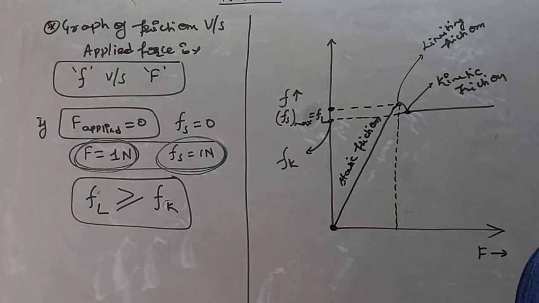Moving forward, write down the next topic. It is angle of repose. Write down the next topic, the topic name is angle of repose. See, my dear student, what actually angle of repose is.